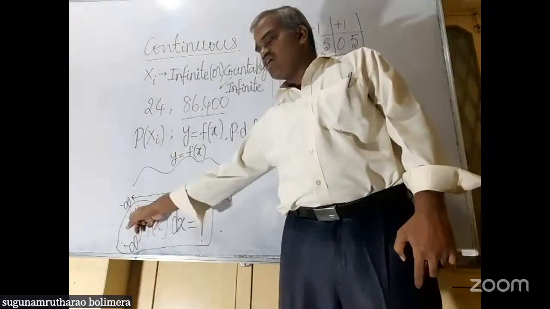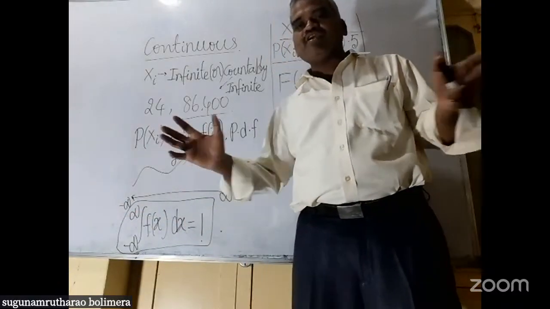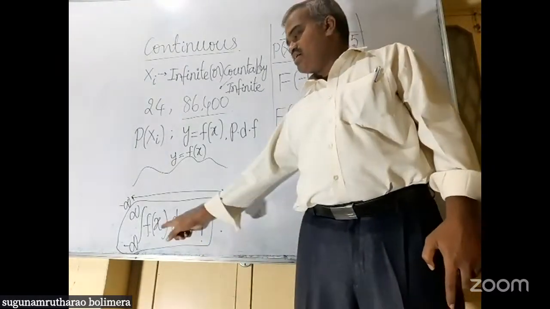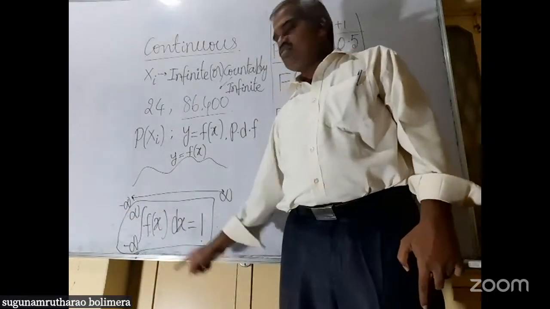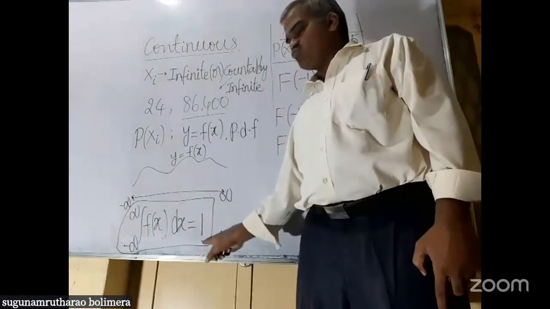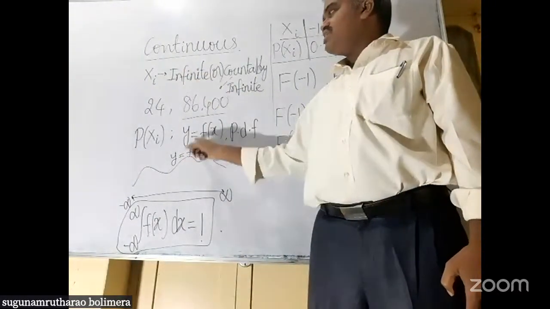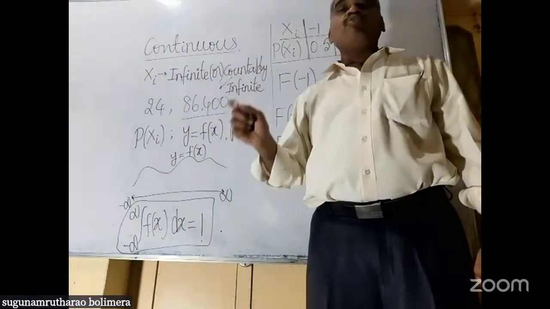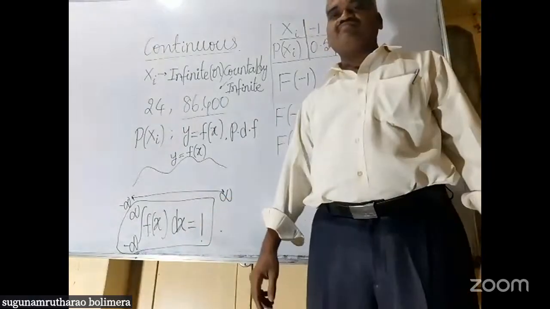For the summation of those infinite probabilities, we use the integral from minus infinity to infinity of f of x dx equals 1. In case of a continuous random variate, we use the term probability density function. So this is equal to 1.